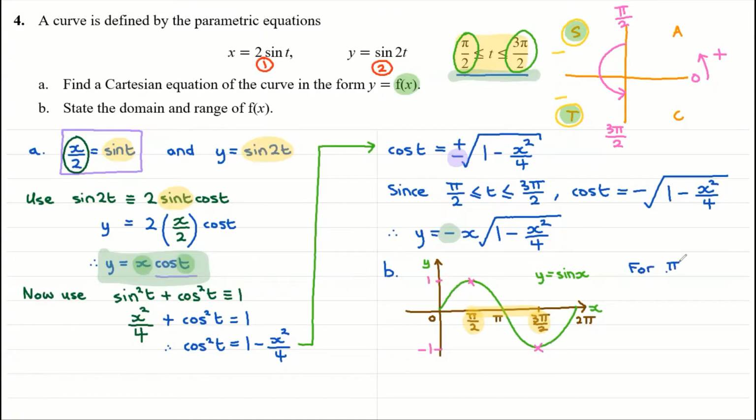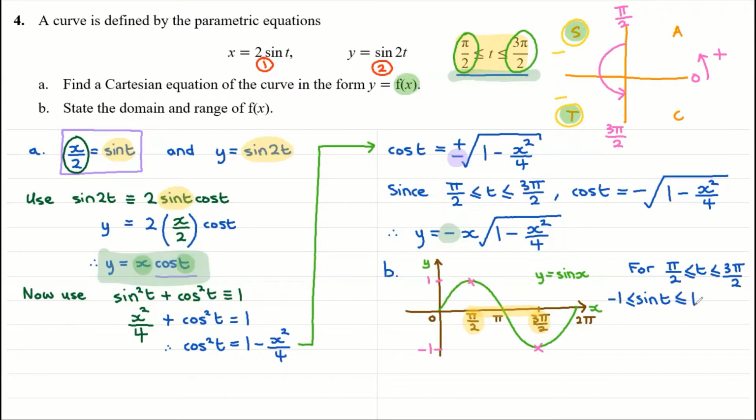So for pi over 2 up to 3 pi over 2 as values of t, we know that sine t is bounded between -1 and 1.